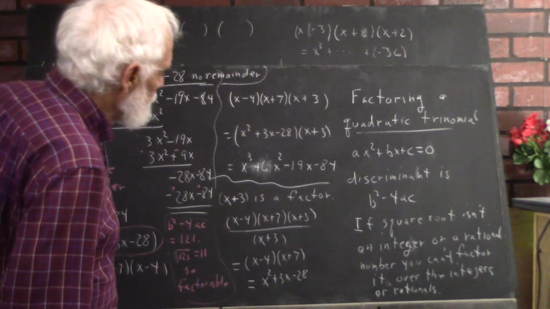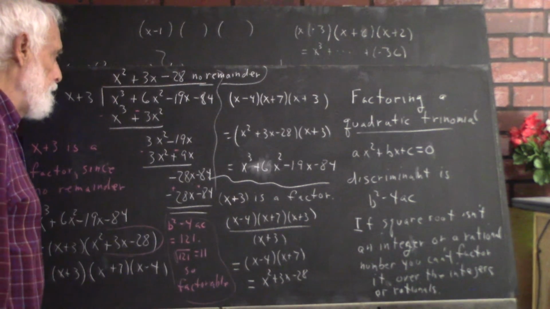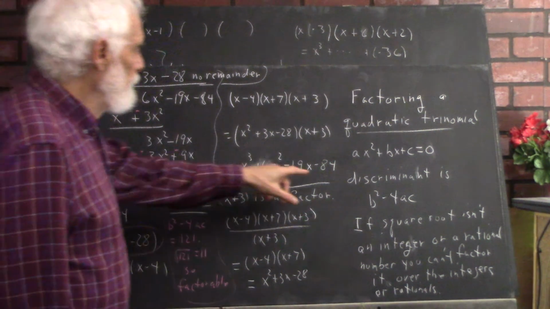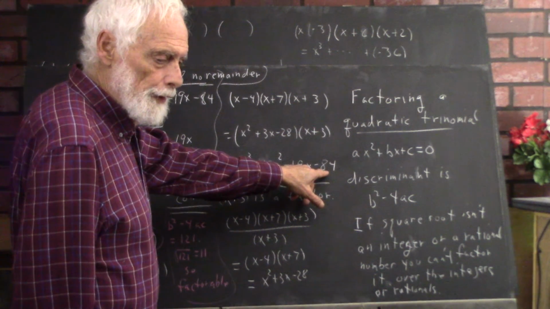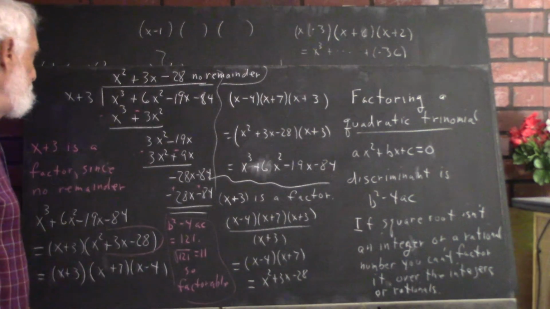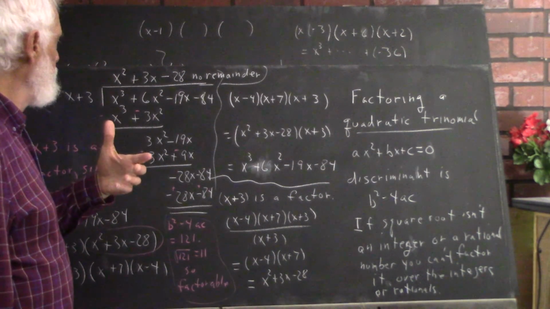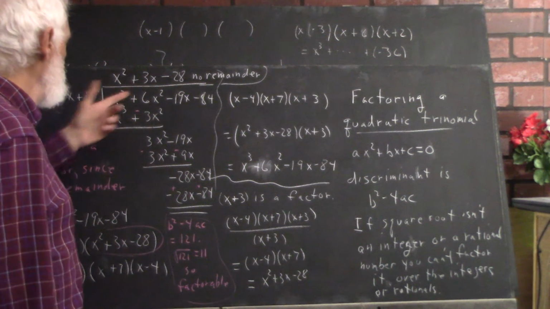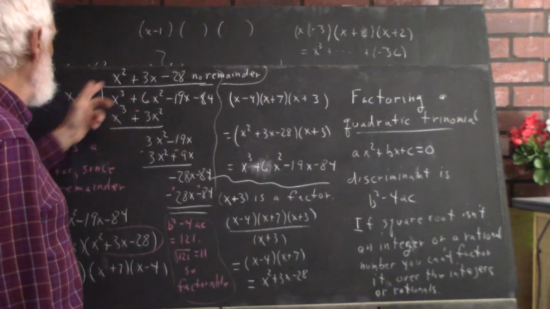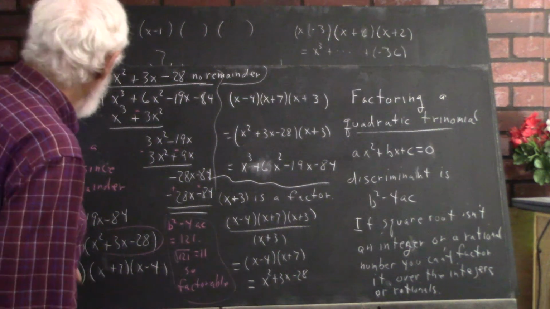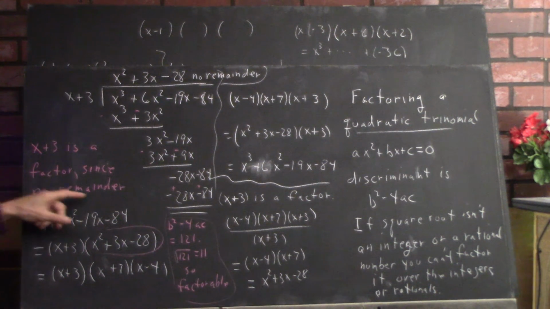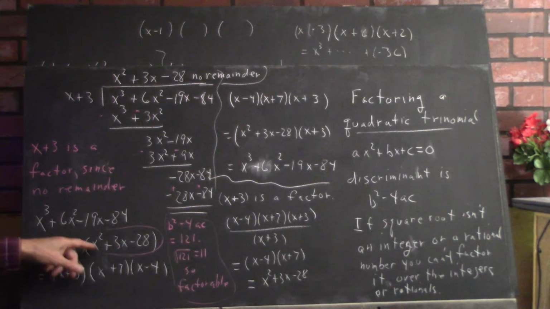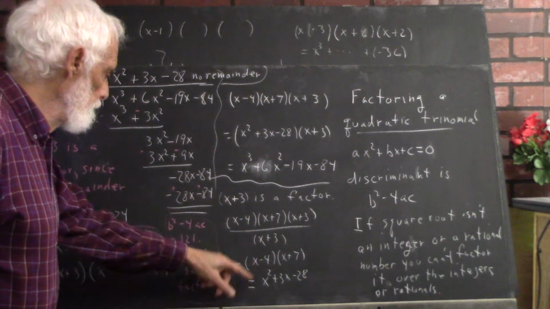Okay, well, that simply demonstrates that if you can find a factor, and to find the factor, you just look at the numbers that divide into 84, then you can do a long division and begin the factoring process. So we see that x plus 3 is a factor since there's no remainder, so this polynomial equals x plus 3 times this, which we already knew from down here.